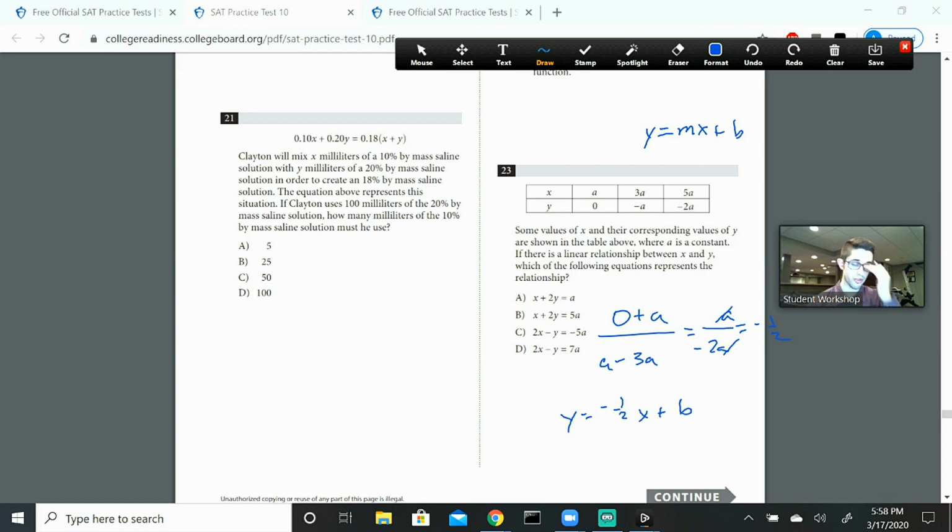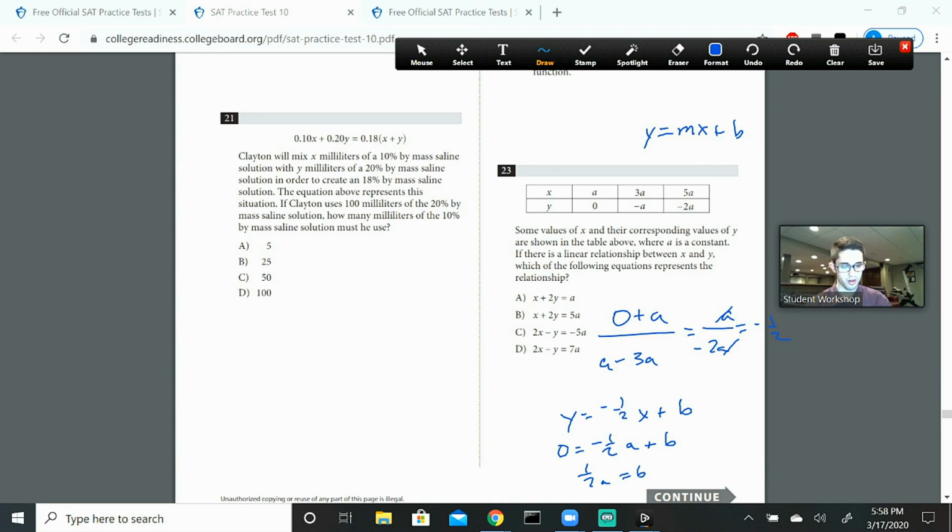Now to solve for b, I'm just going to pick one of the points and solve for b. And it's going to end up being in terms of a, but all the answers have a in them, so that's going to make sense. Choose this first point again. I'm going to try and make it as easy on myself as possible. -1/2 a plus b. So 1/2 a equals b. Great.